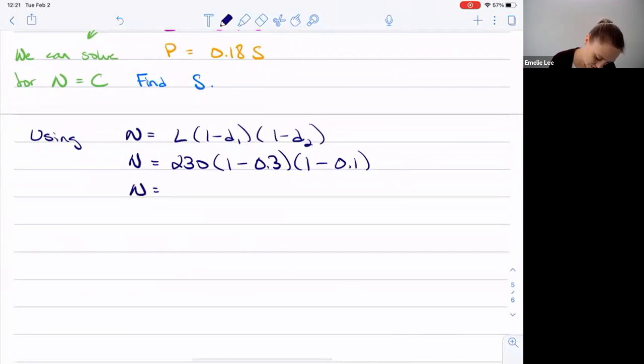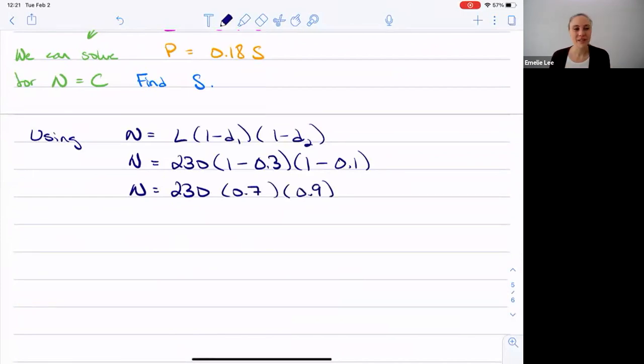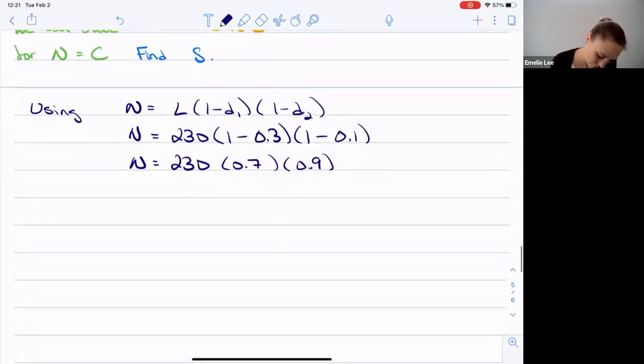So 1 minus 0.3 is 0.7, so 230 times 0.7 times 0.9. Be really careful to simplify inside those brackets before you move on. So 230 times 0.7 times 0.9 puts me at 144.90.